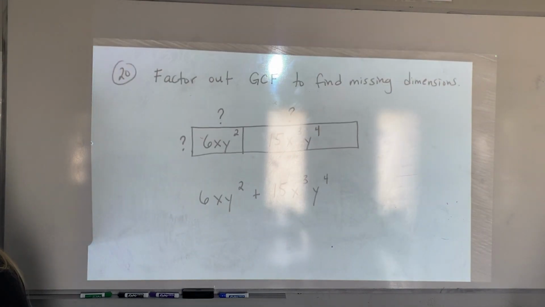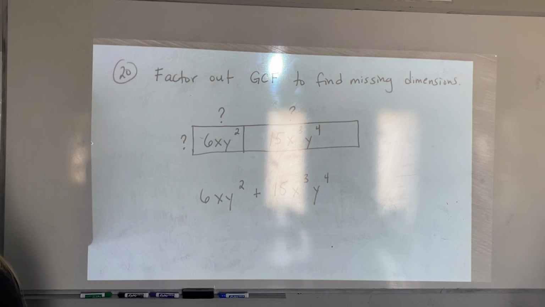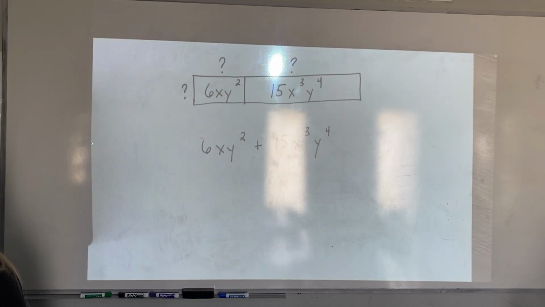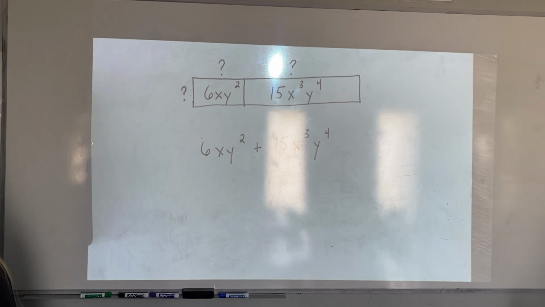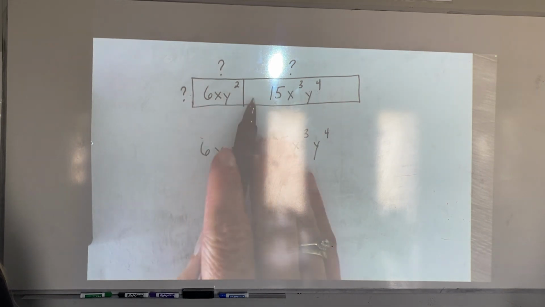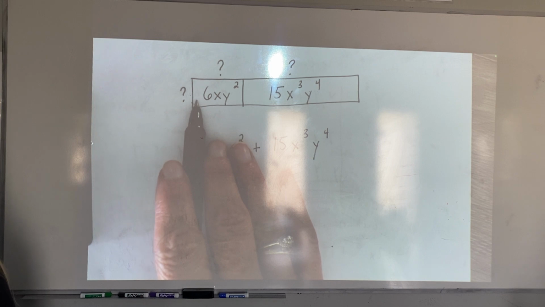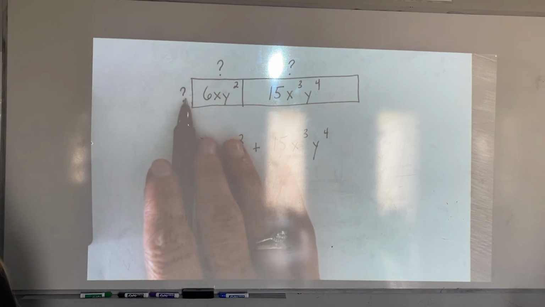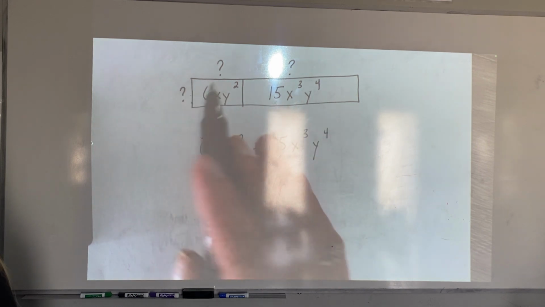And the instructions say, factor out the GCF to find the missing dimensions. Well, guess what? The GCF is what these have in common. What do these rectangles have in common? The width. So the GCF is the width of each rectangle, which we just need to find this one.